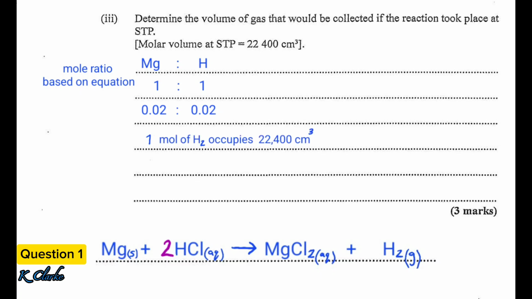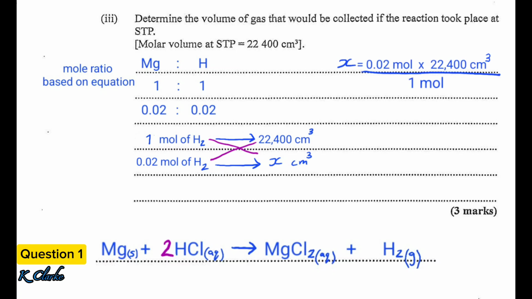Since 1 mole of hydrogen gas occupies 22,400 cm3, 0.02 mole of hydrogen occupies X cm3. So we are now going to cross multiply.